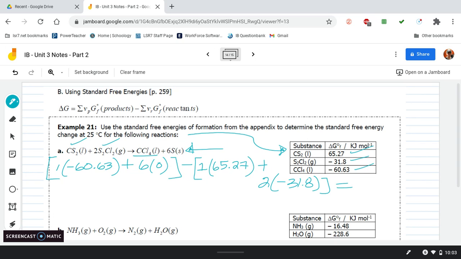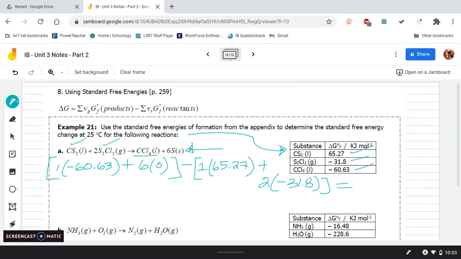So let's go ahead and do this. It's going to be negative 60.63 plus 0. Okay, it's obviously not going to do anything. Minus, in parentheses, 1 times 65.27 plus 2 times negative 31.8.